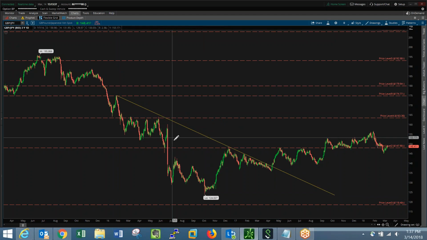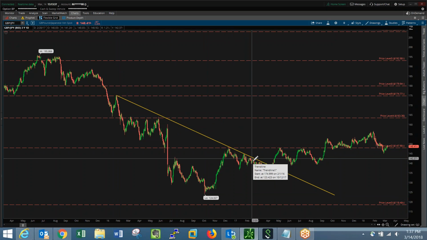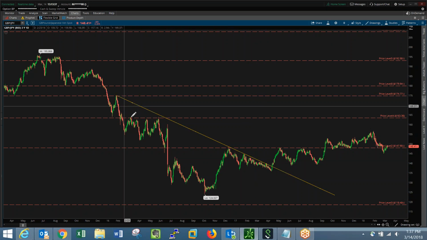Okay, so I'm going to look for the outliers here, moving down. Here's an outlier, here's an outlier, here's an outlier that works really well with some resistance. So I want to make sure that I'm capturing the peaks to the outside so that I stay as precise as I possibly can.